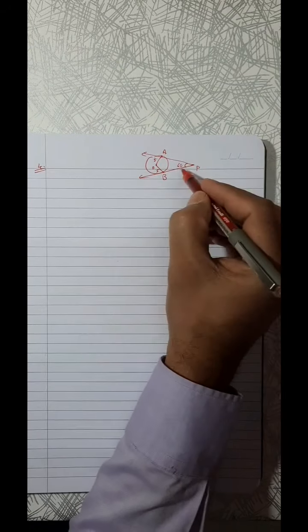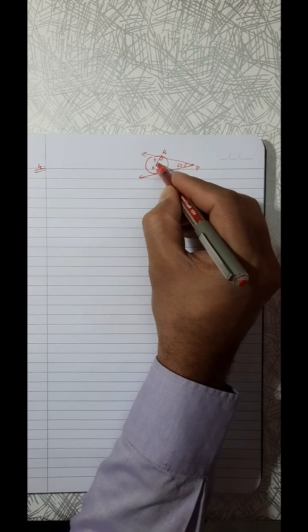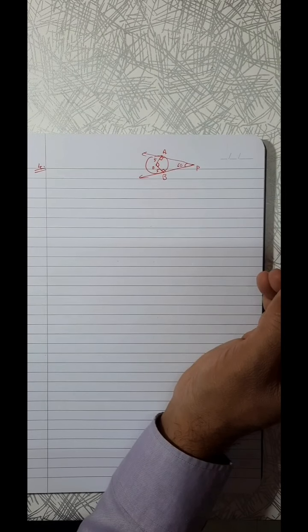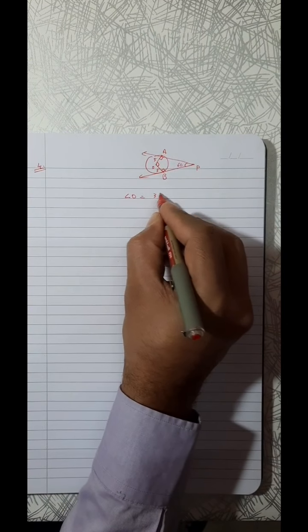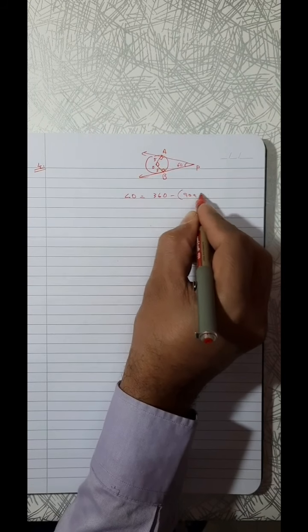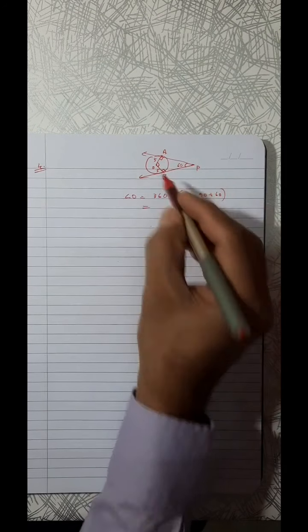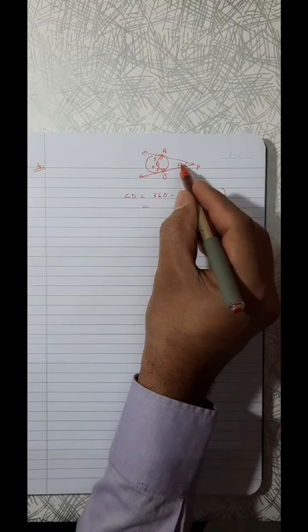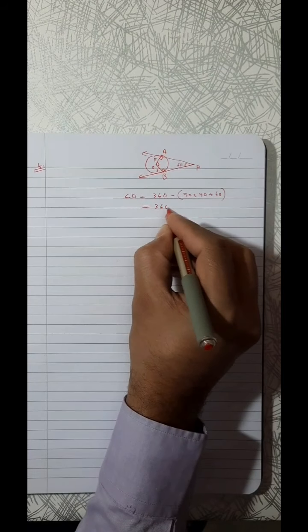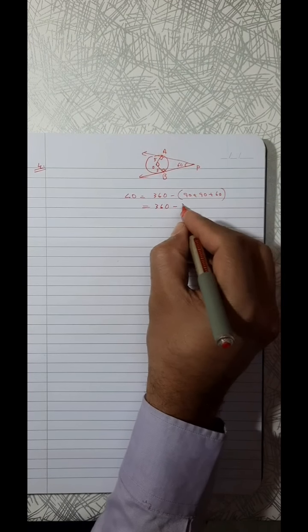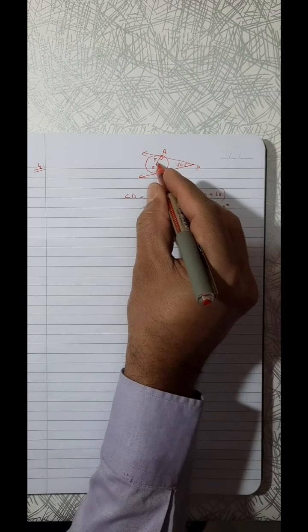So this angle is 60, this one 90 already we know, 90, 90, 60, that means we can find angle O. Angle A is 90, 90, so angle O equals 360 minus 90 plus 90 plus 60. Angle sum property of quadrilateral, 90, 90 already we know, and 60 is given. 360 minus 240, that is 120 degrees. 120 degrees is going to be this.